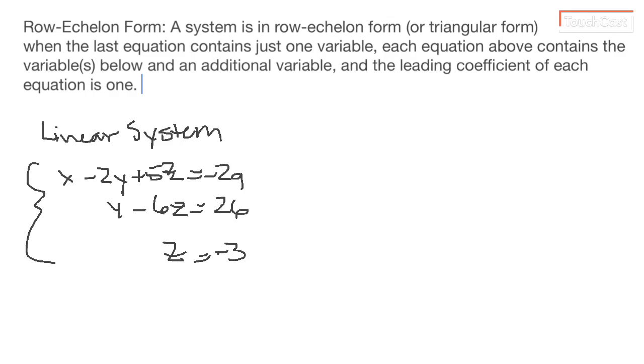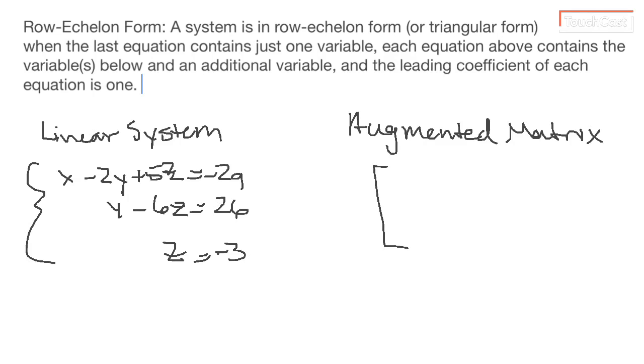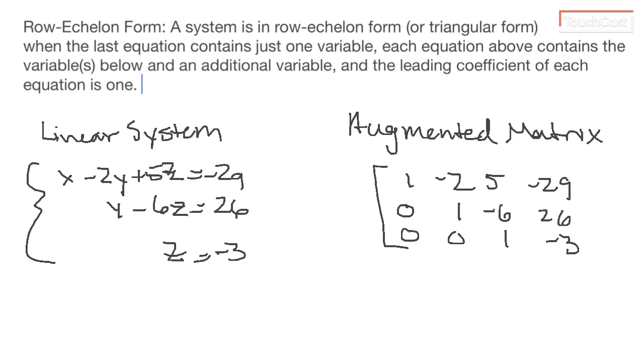The augmented matrix form of that is going to simply be 1, negative 2, 5, negative 29, and then 0, 1, negative 6, 26, and 0, 0, 1, negative 3.